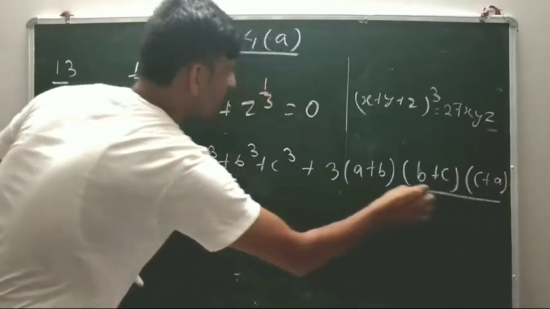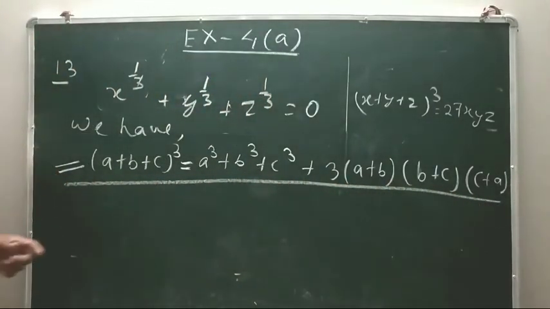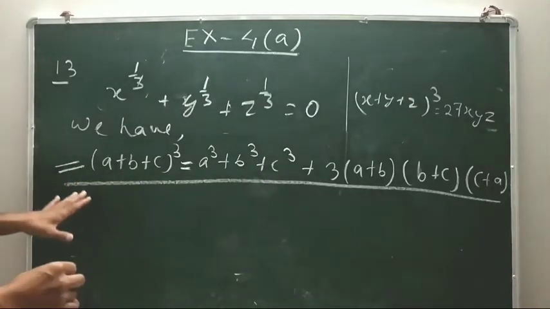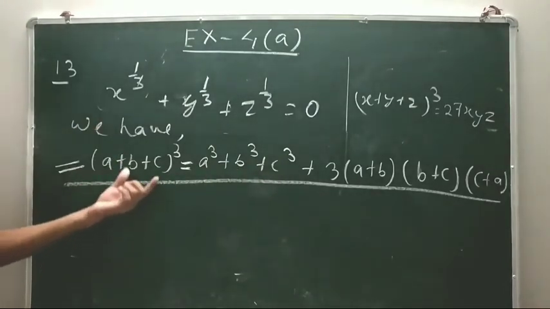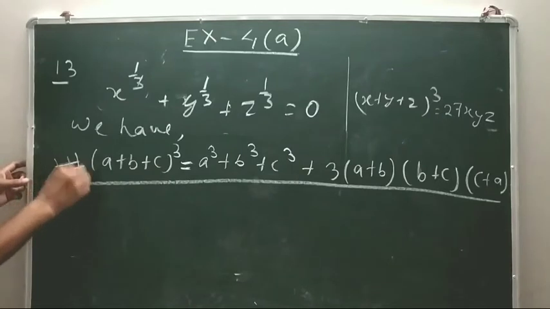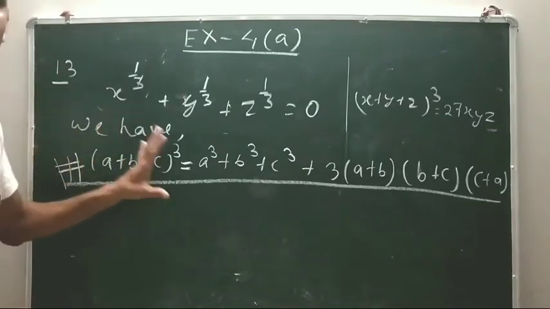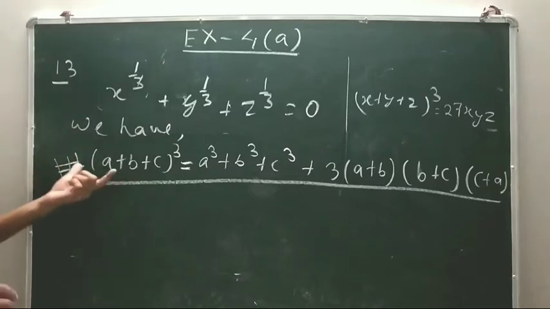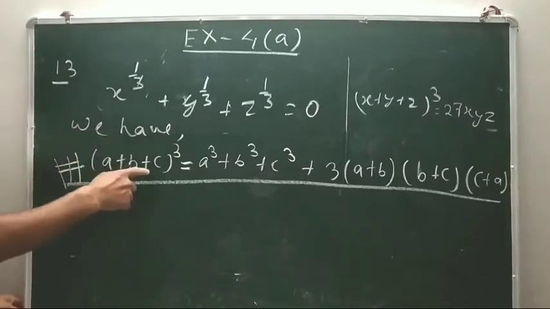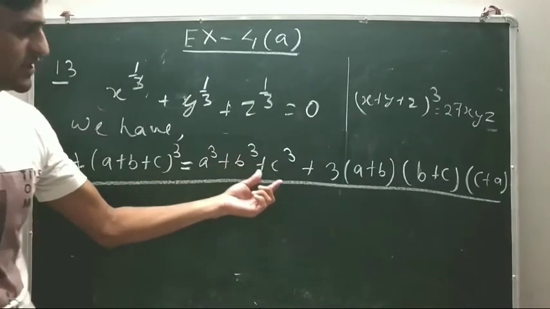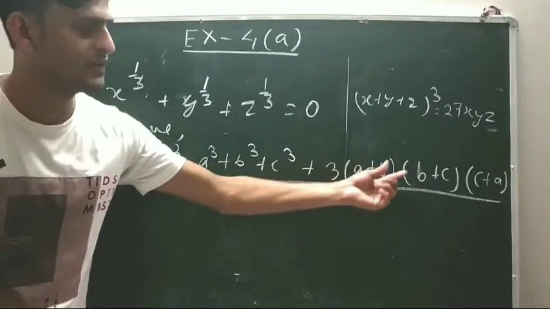This is a type of identity that we are getting with this a plus b plus c whole cube. So this is a new part that you are getting. So just note down in your copy and try to remember this formula or identity. That is (a plus b plus c) whole cube is equal to a cube plus b cube plus c cube plus 3(a plus b)(b plus c)(c plus a).